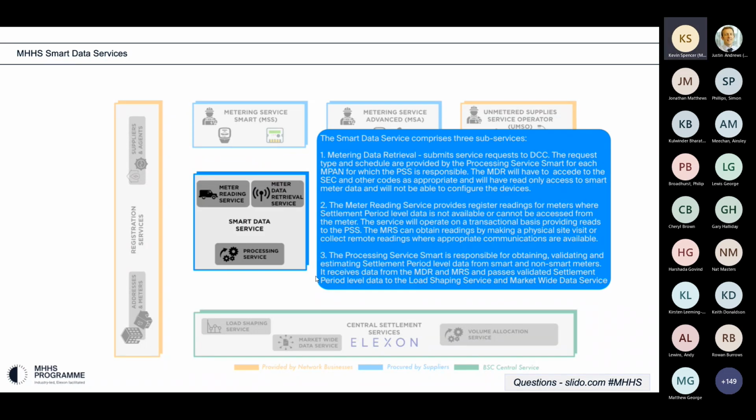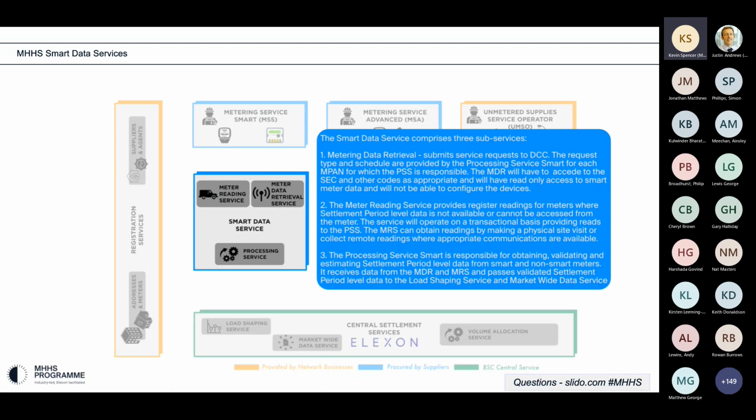So the Smart Data Service is the service that accesses the data from the traditional meters and from the smart meters. It has 3 different types of services embedded within it.